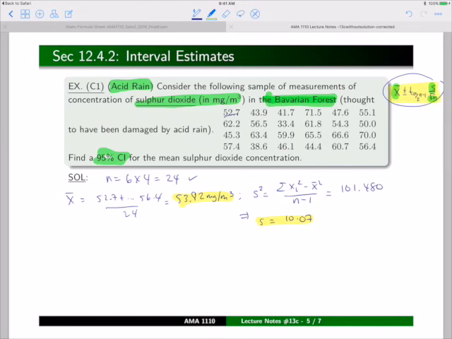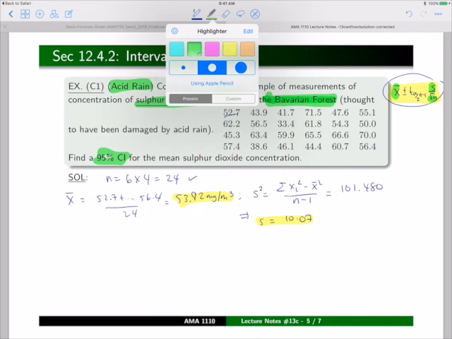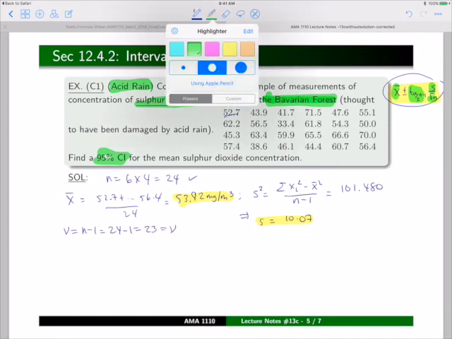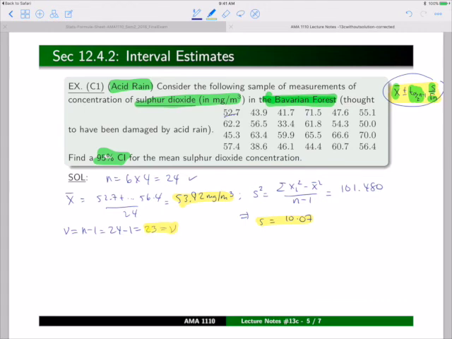The last thing we need is this t alpha over 2, n minus 1. Remember, the degrees of freedom, nu, is n minus 1, so it's 24 minus 1, which is 23. So let's highlight that in yellow.